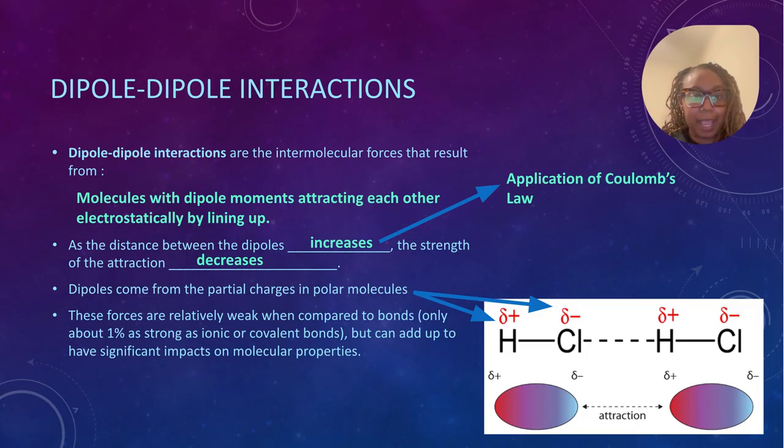And so there's automatically a London dispersion force, because there's always going to be an instantaneous dipole happening. But then you add in the fact that the negative end of the chlorine is going to be attracted to the partially positive, because they're not actually negative and positive like ions, it's partial and partial. So the partially positive end of the hydrogen and the partially negative part of the chlorine are attracted to each other.